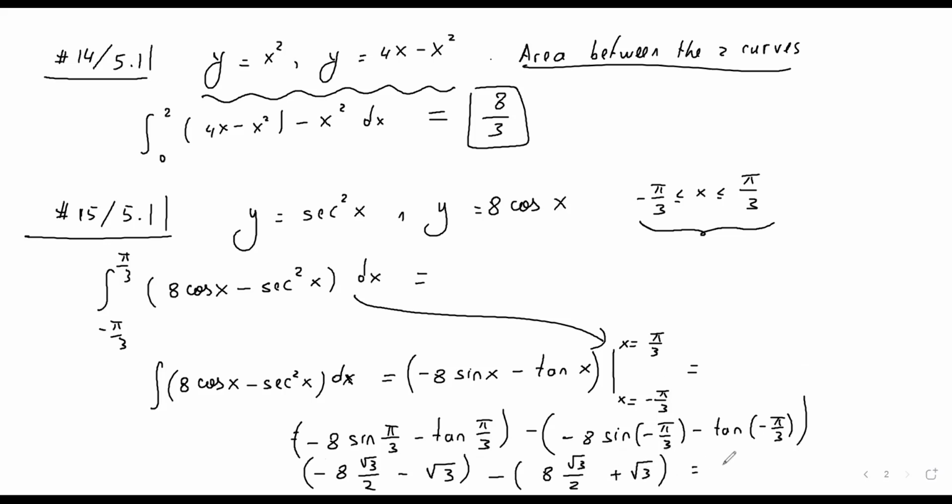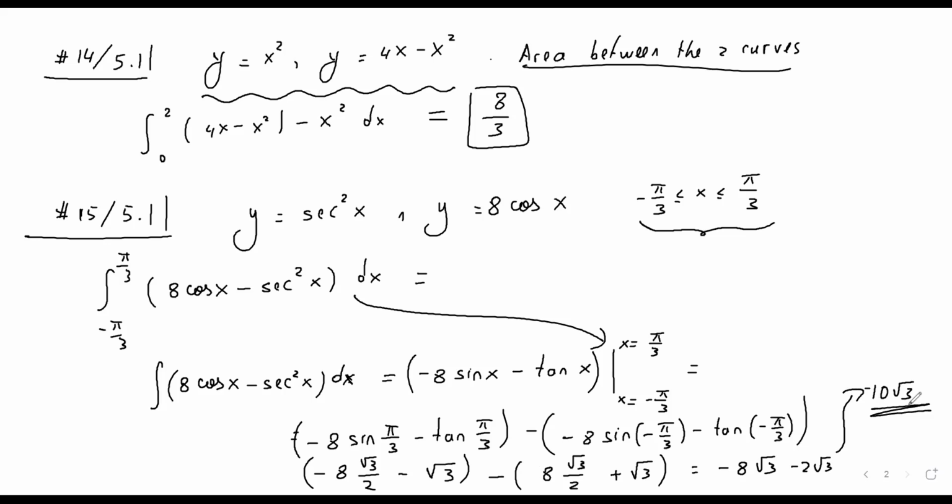And that is equal to, folks, negative 8 times square root of 3 over 2, negative 4 square root of 3 twice. So it's negative 8 square root of 3. And then there's minus square root of 3 minus another square root of 3, minus 2 square root of 3. So all of that is going to be negative 10 square root of 3.